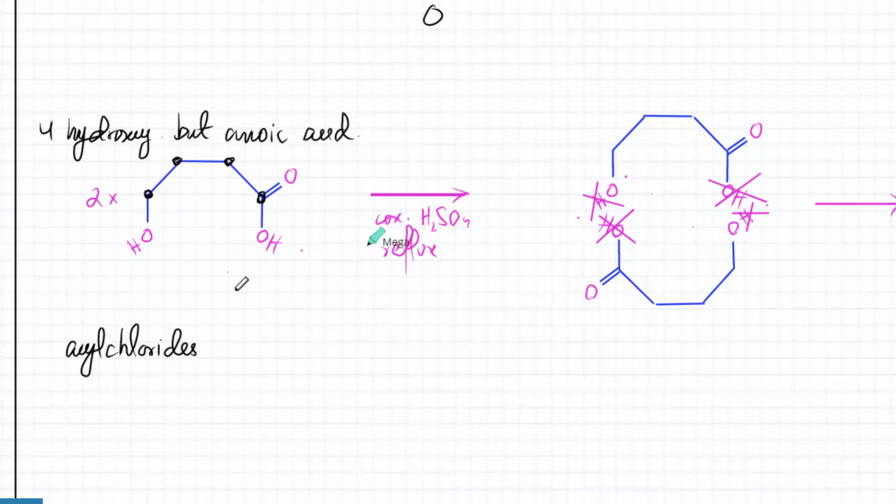Okay. The next one is, there's another way, the second reaction, of making esters. And that second reaction is, you can make esters using acyl chlorides.